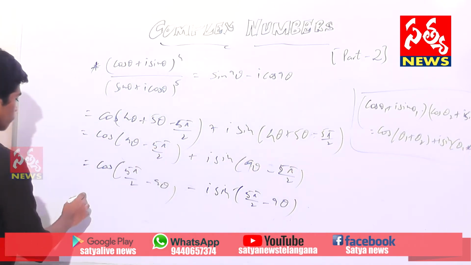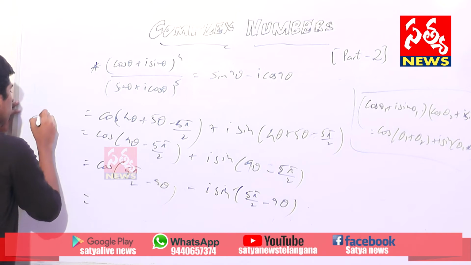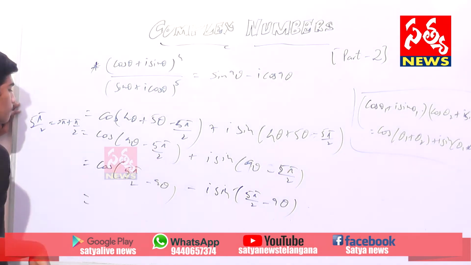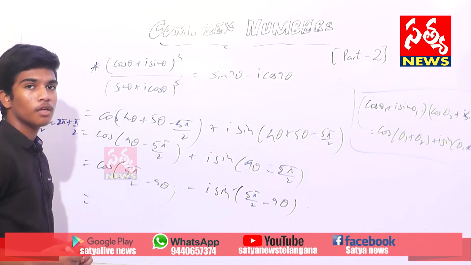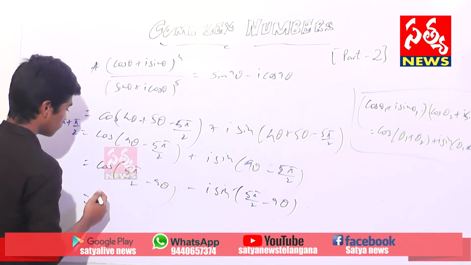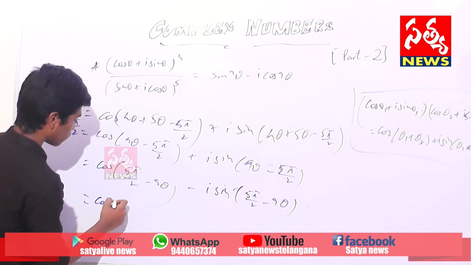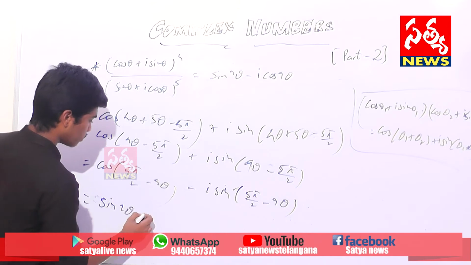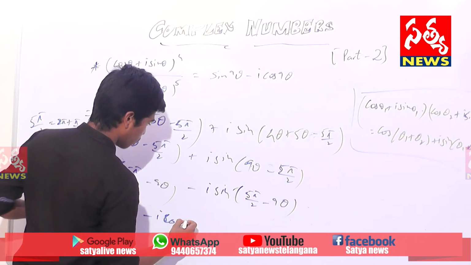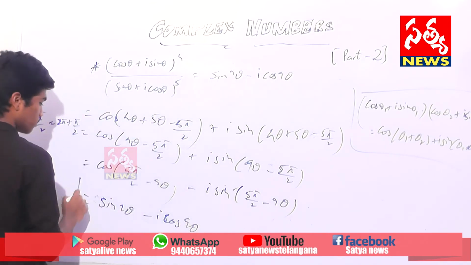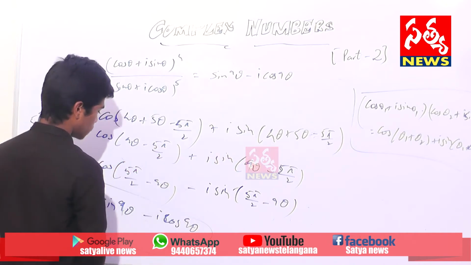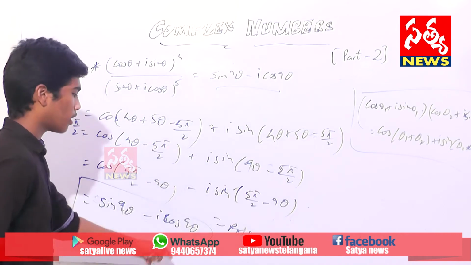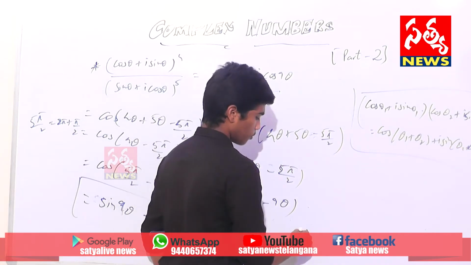Now 5 pi by 2 can be written as 2 pi plus pi by 2. For trigonometric transformations, you can see the trigonometric series. You get here sin of 9 theta minus i cos 9 theta, and this is the RHS. See, sin 9 theta minus i cos 9 theta, hence proved.